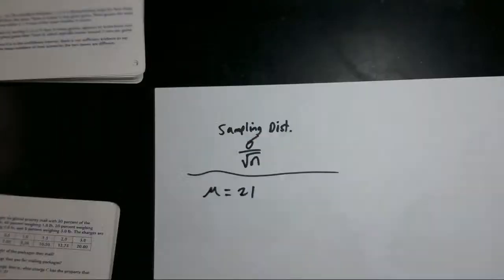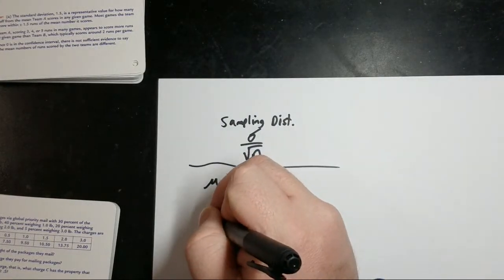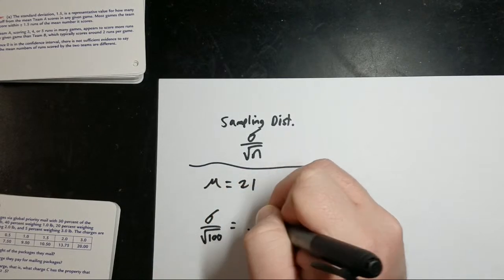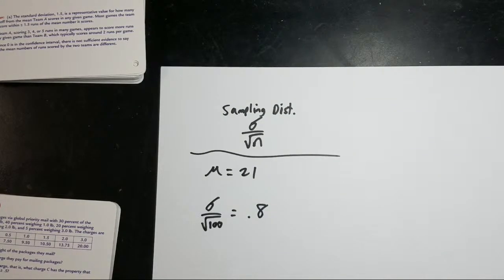It's like they've already done the calculation for us. They have already basically done sigma over the square root of 100 is equal to 0.8. You don't have to change anything. You don't have to divide the 0.8 by anything. They're saying that already is the standard deviation of the sampling distribution.